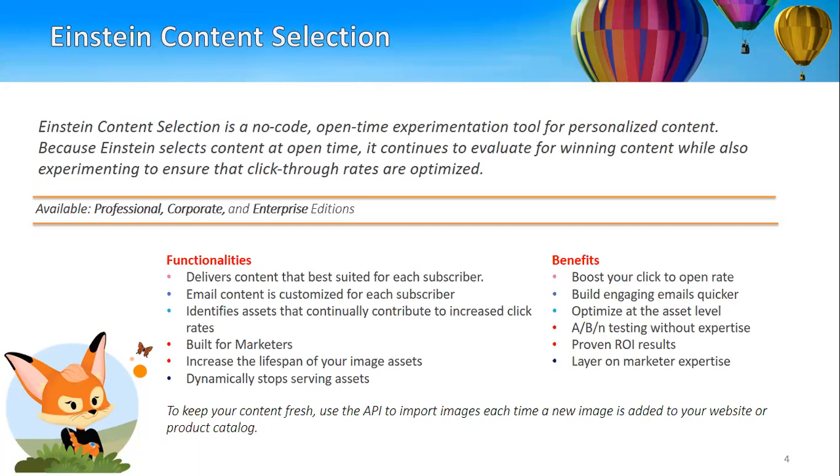That is nothing but A/B or A/B/N testing. When you are using multiple components for testing purposes, that is A/B/N testing. And if you are using only two, then that will be A/B testing. So it is similar to A/B testing. And to keep the content fresh, you need to use an API to import images each time a new image is added to your website or product catalog.